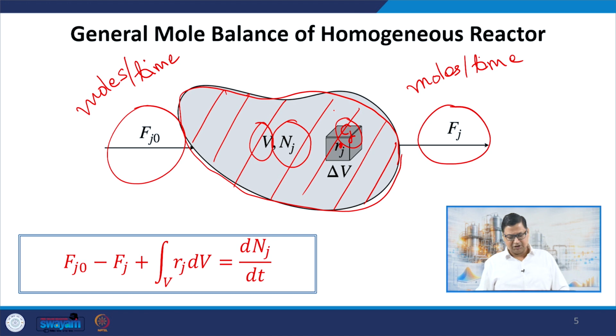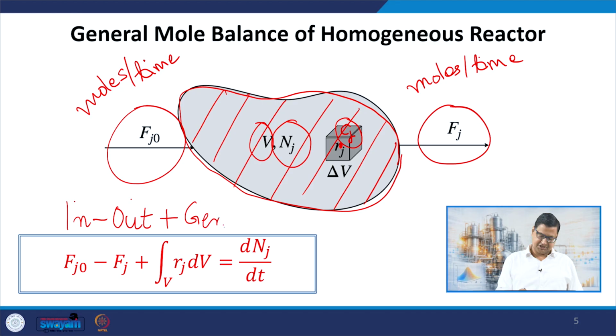Okay. So, now we can write a general mole balance equation that applies to all kinds of homogeneous reactors in the following way. We have the standard material balance equation: in minus out plus generation is equal to accumulation.